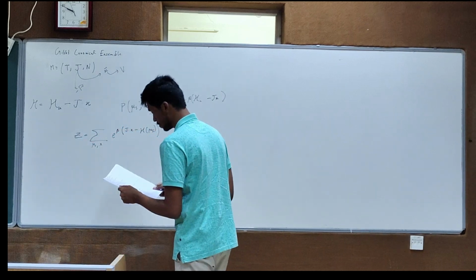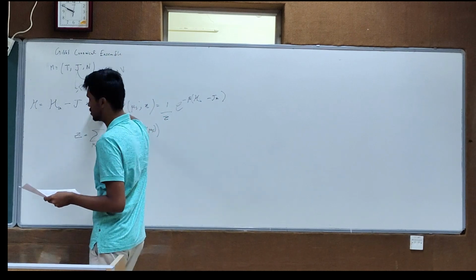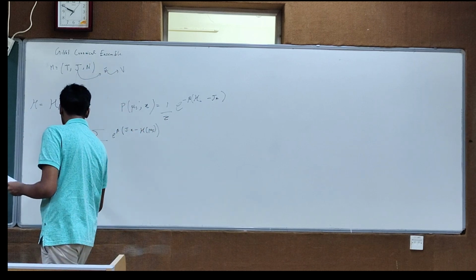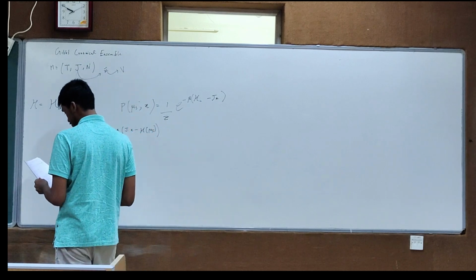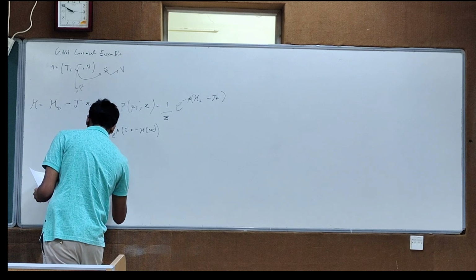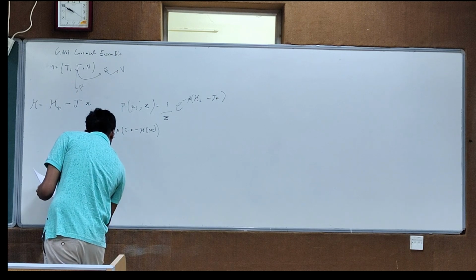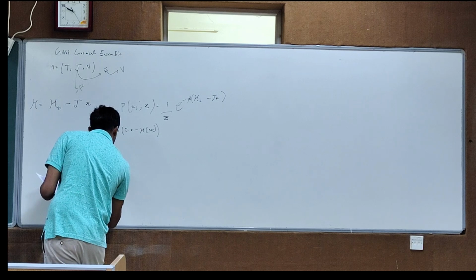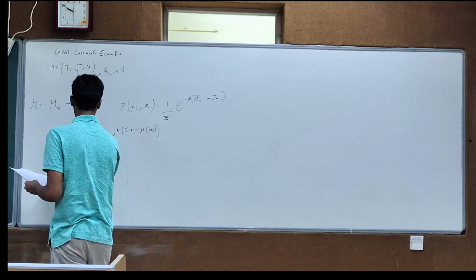Once you have this, you can find the average value of X, because X is a random variable, just like we did for the canonical ensemble where we found the average value of energy, and this would turn out to be k_B T log.